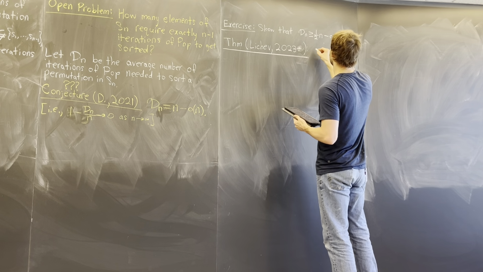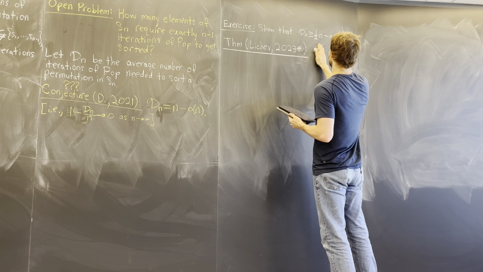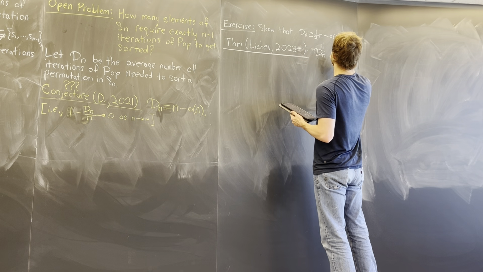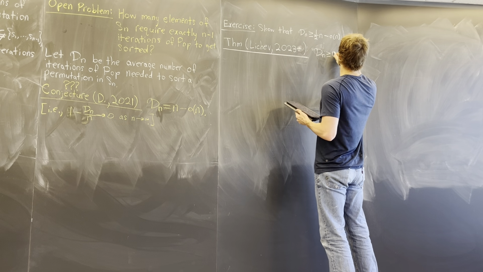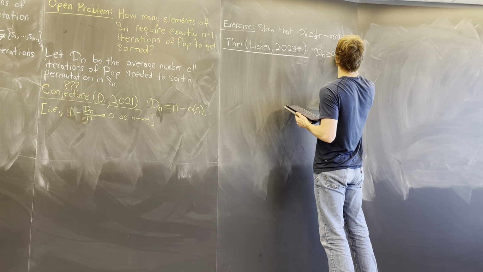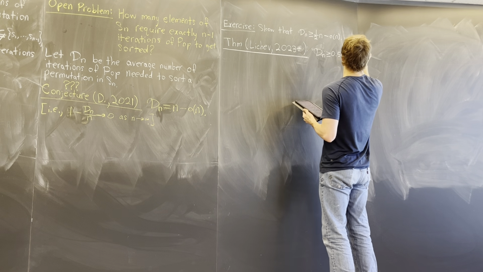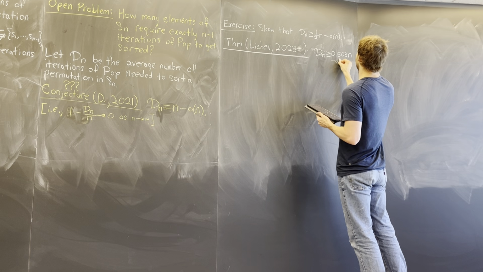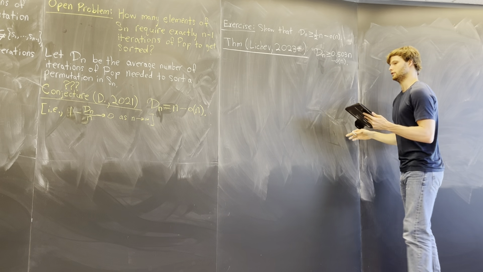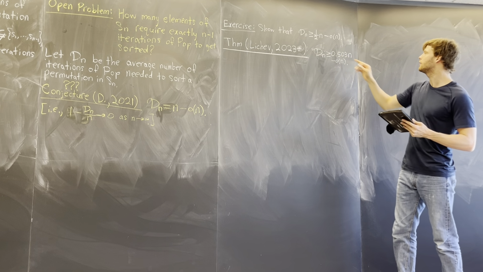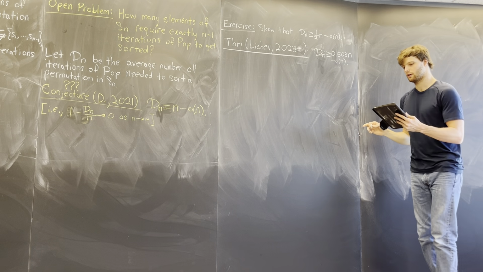And this shows that d_n is at least 0.503 n minus little o of n. So it's an improvement on the 1/2 to 0.503.